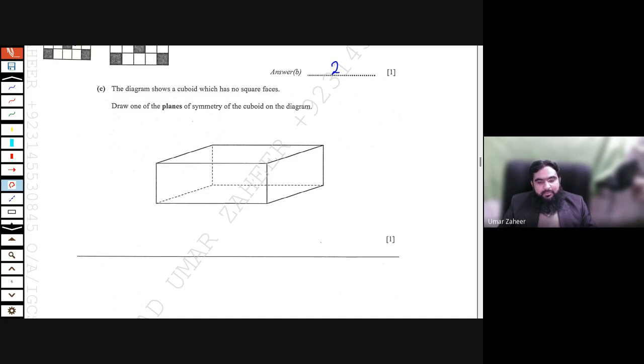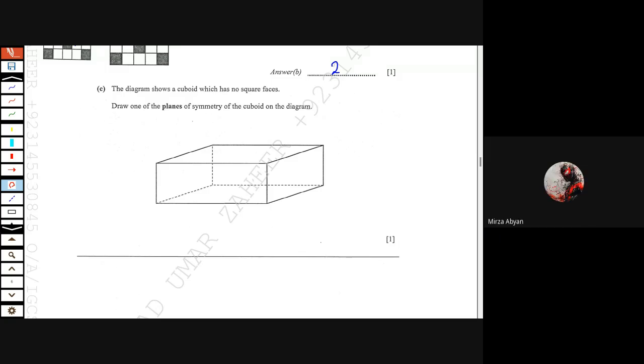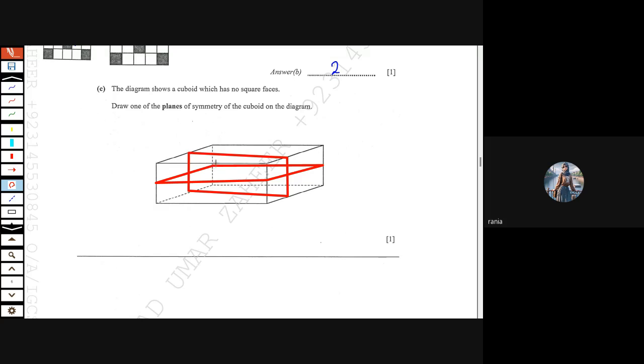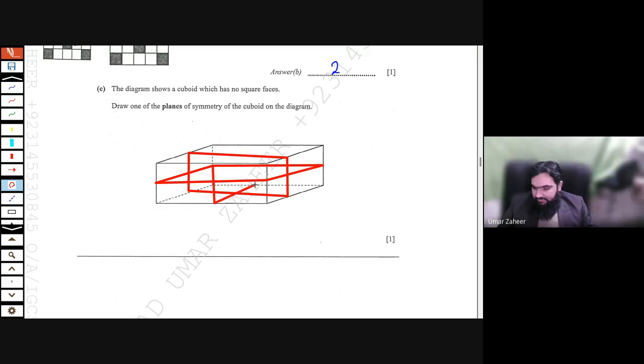Tell me, how many planes of symmetry can we draw at maximum? Two. Like four, sir. No, we have done a specific case. The maximum we can draw is 3. 1, 2, 3, like this.